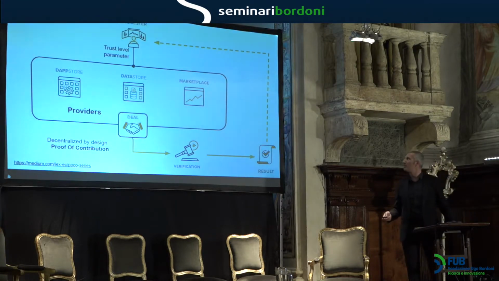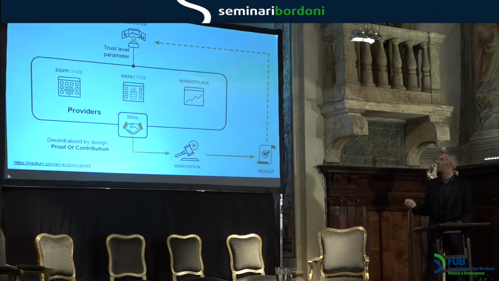So basically it works this way. We have what we call requesters. Requesters will create what we call the task, and the task is a triplet: an application, a data, and some compute power. Once we bring those three things together, we seal a deal.